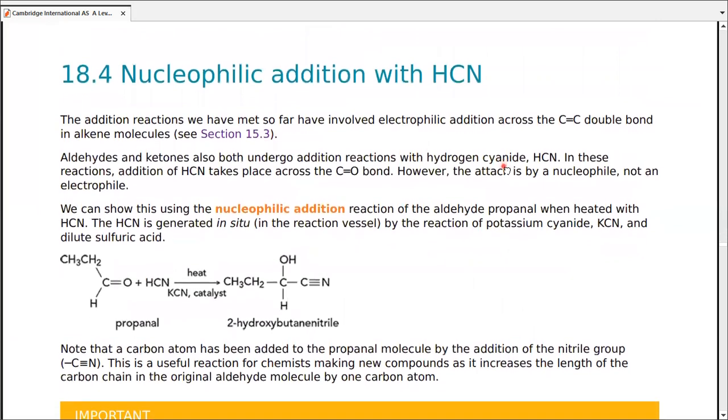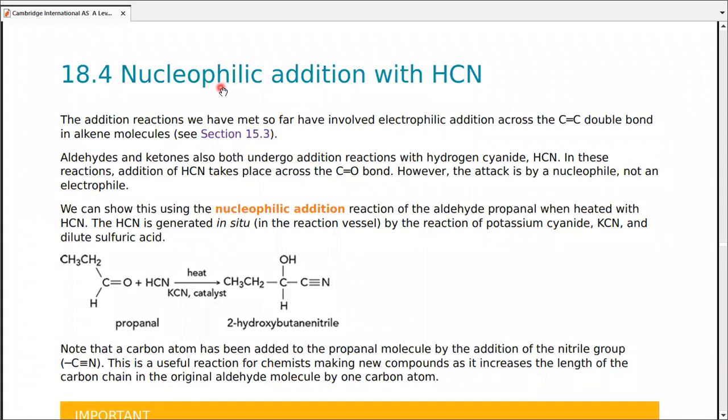Now, the nucleophilic addition. The addition reactions so far have been electrophilic addition. This is different. Remember, the previous ones had electrophilic addition because we were talking about the carbon-carbon double bond in alkene molecules. This time, we're going to go for nucleophilic addition.